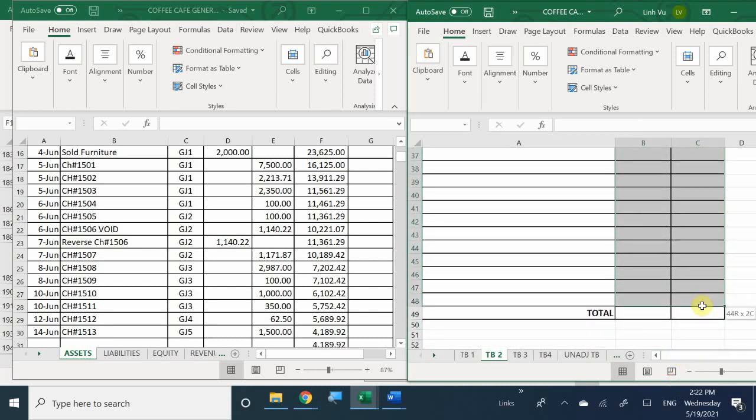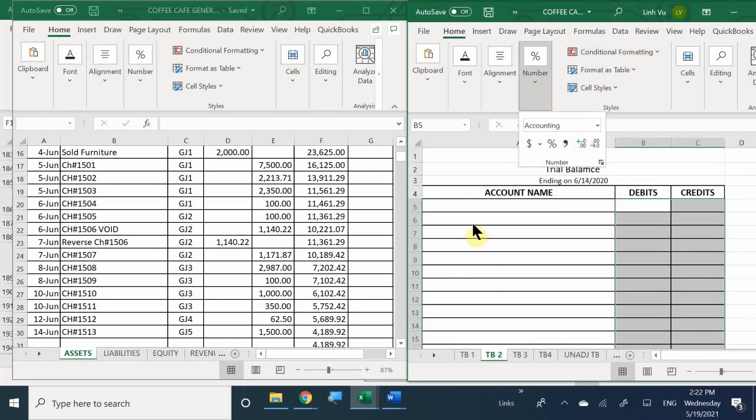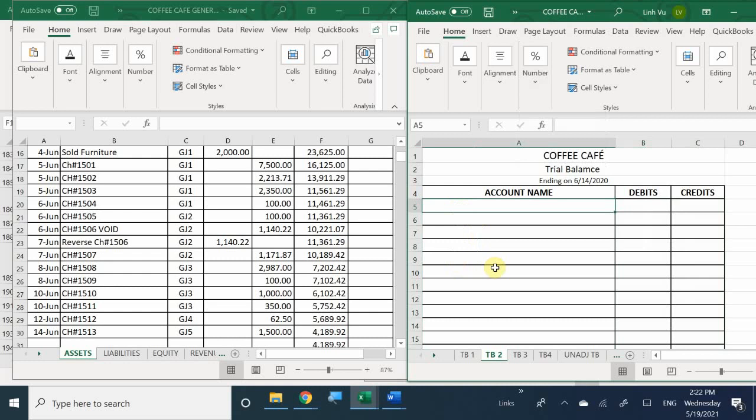Your choice, whether you want accounting style, currency, or comma style. First things first, we're going to go through the list of all of our accounts, starting with our assets. First is our checking account. What is our current balance in my checking account?